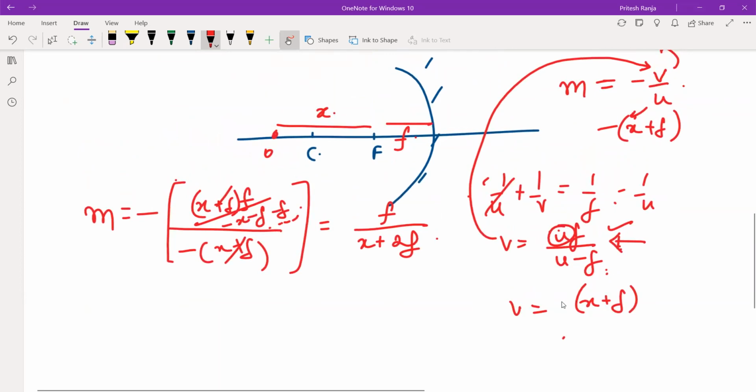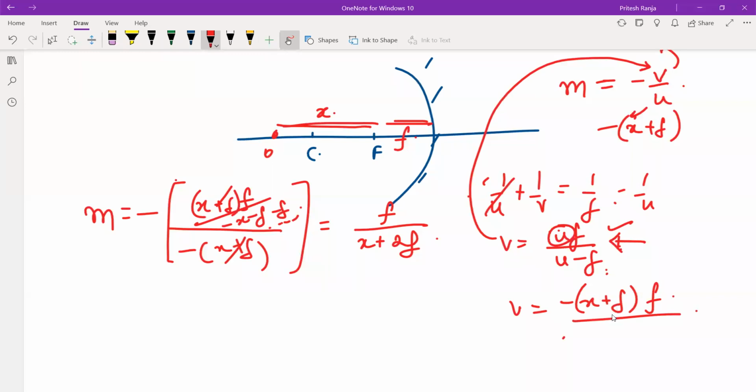Into f, so minus this f into object distance. The object distance will be x plus f, no sir? वही तो लिया x plus f. Sir, but here we have considered as only u, मतलब x plus f नहीं considered. कहाँ पर कंसीडर? वही तो कर रहा हूँ कंसीडर. ठीक है सर.